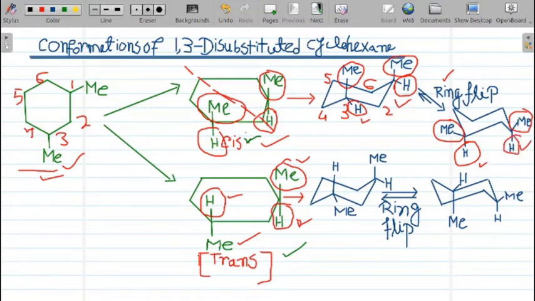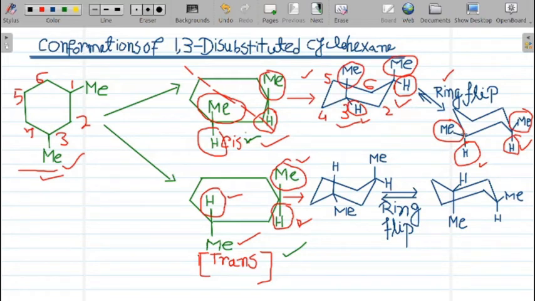So here you can see that in this conformation there will be much more steric strain, because the methyl groups are present at the axial position, so there will be a 1,3-diaxial interaction.